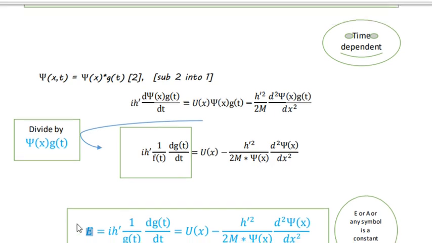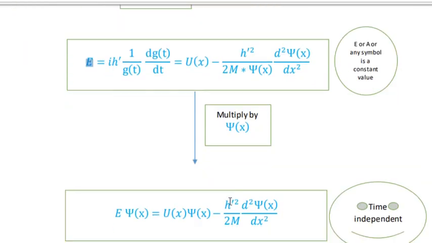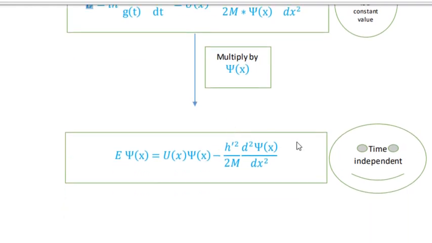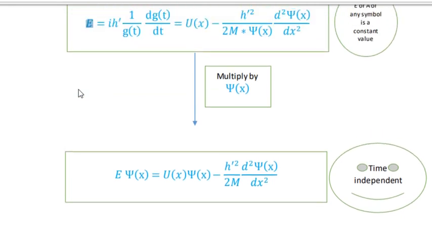We get this simple equation, and if we again multiply this whole equation by psi, lowercase psi, which is the part of the wave function, we finally reach the time-independent Schrodinger equation. So this is how we can derive the time-independent from the time-dependent Schrodinger equation.